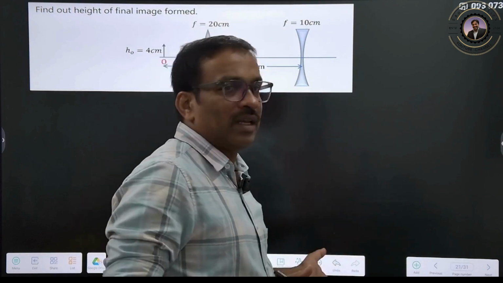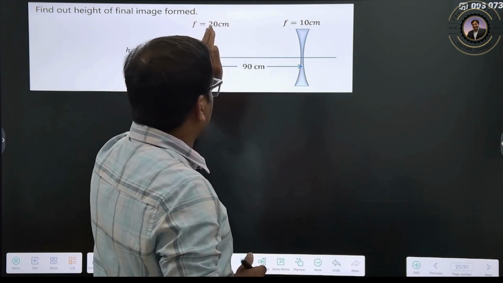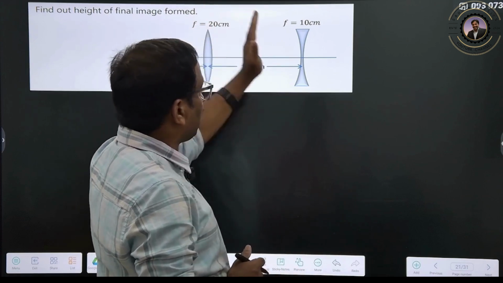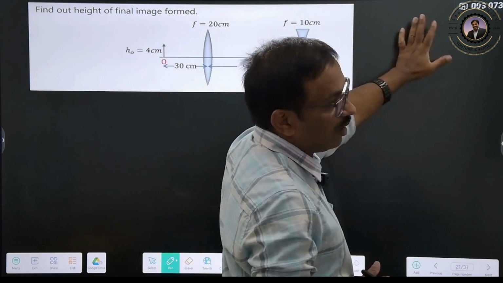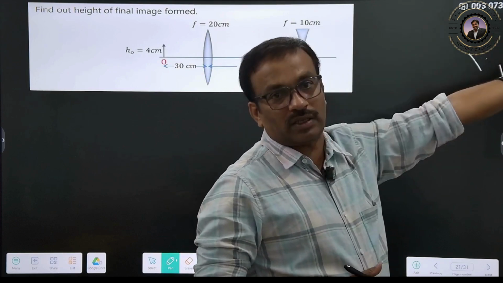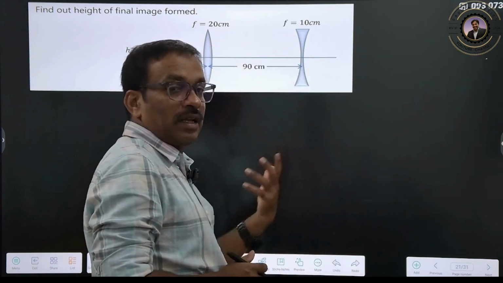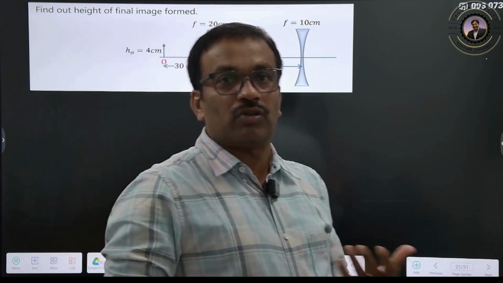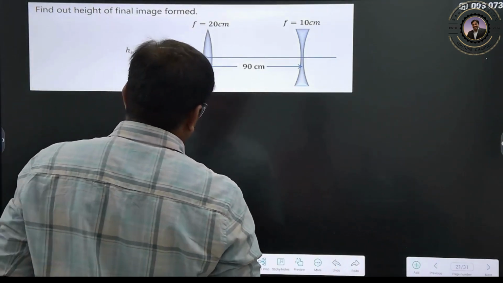So don't follow any other tricks. First apply the lens formula to this lens, you will get an image, and that image will act like an object to the next one. Again apply the lens formula, again one more lens, do the same, like that. So however many lenses there are, that many times you need to apply the lens formula, so that you can solve the problems very easily.